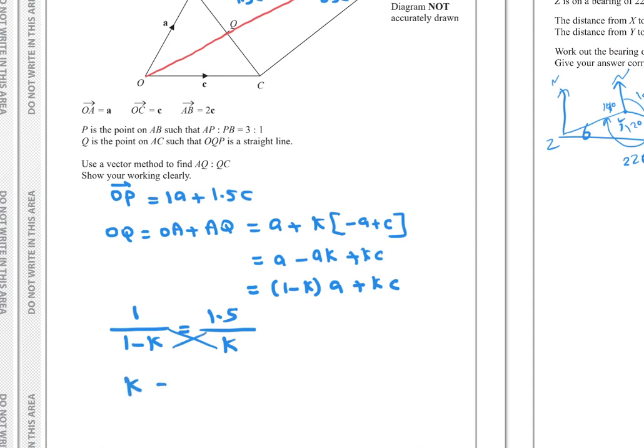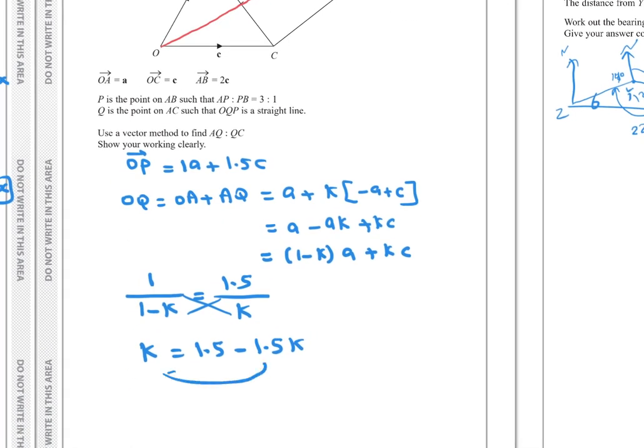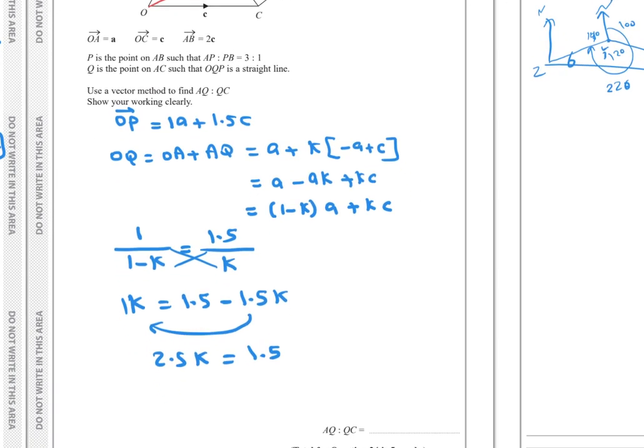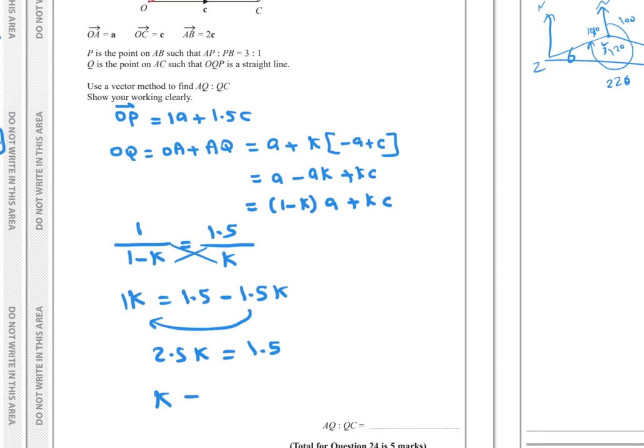So K equals 1.5 times 1, which is 1.5, minus 1.5 times K, which is 1.5K. Now transpose 1.5K to the other side. So 1 plus 1.5 is 2.5K equals 1.5. Divide by 2.5, so K equals 3 over 5.